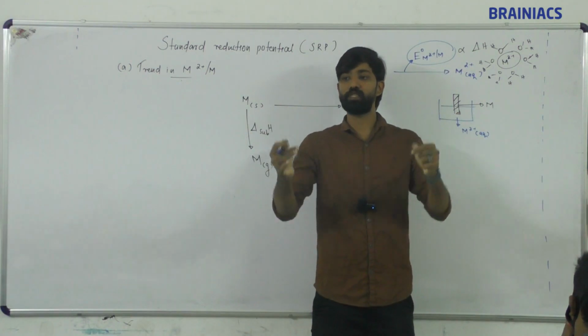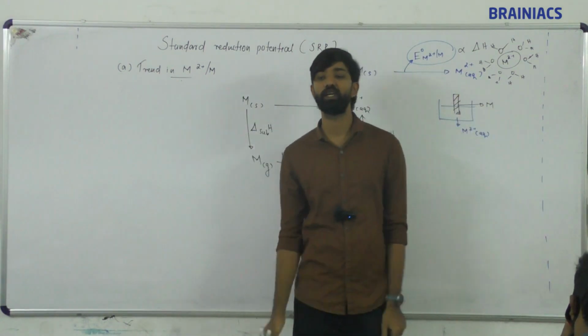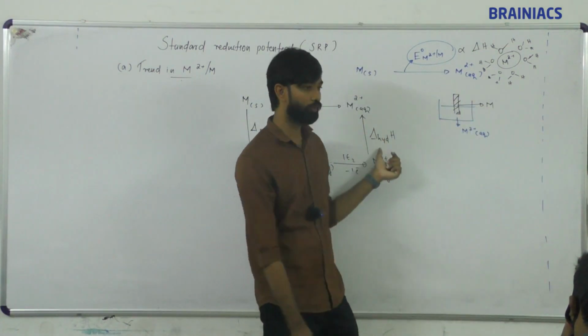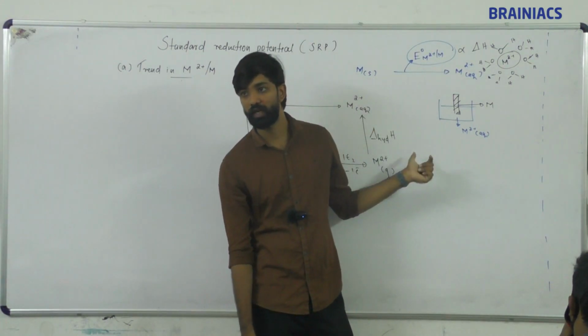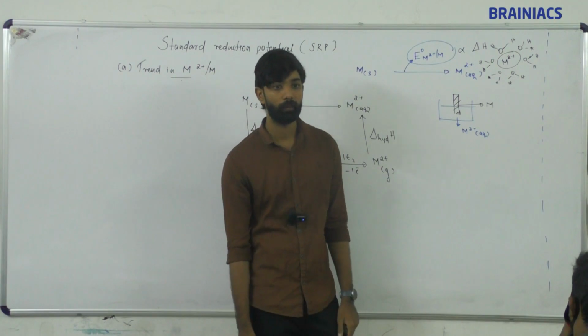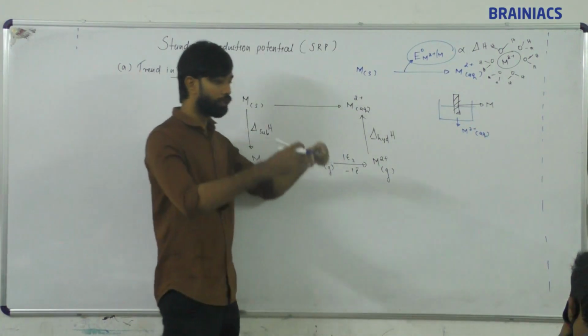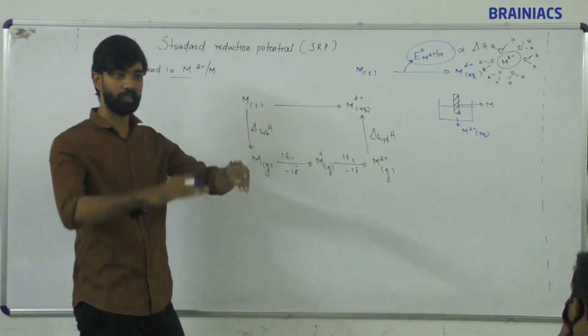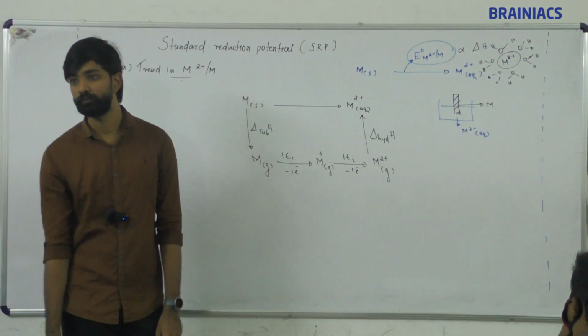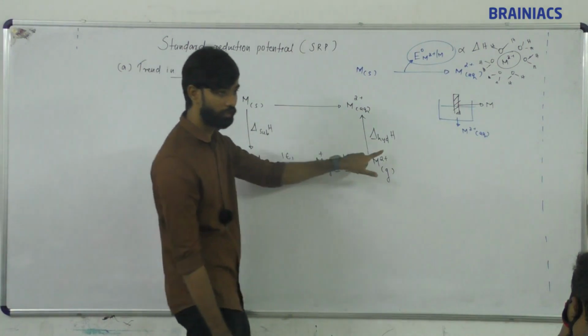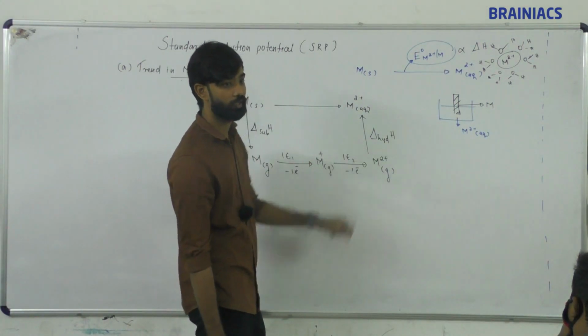Hence the energy of the system decreases, which means energy is released, and that released amount of energy when an ion is surrounded by water molecules is said to be hydration energy. That energy is always negative.